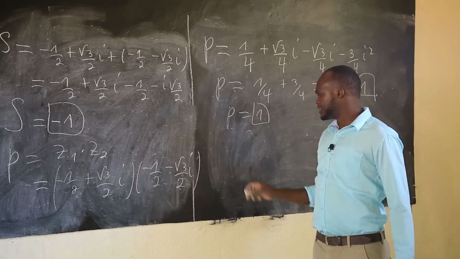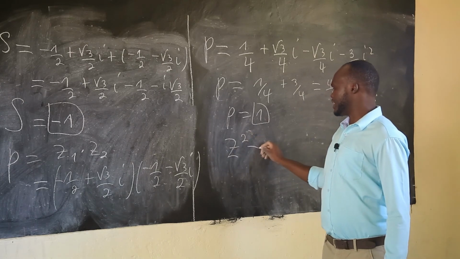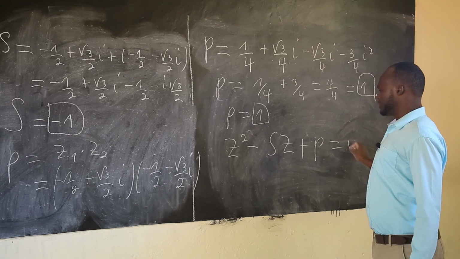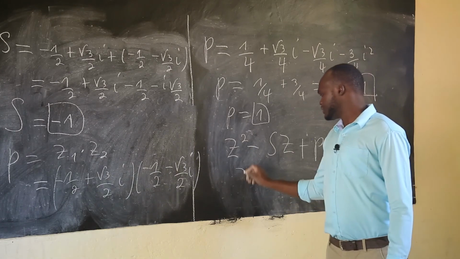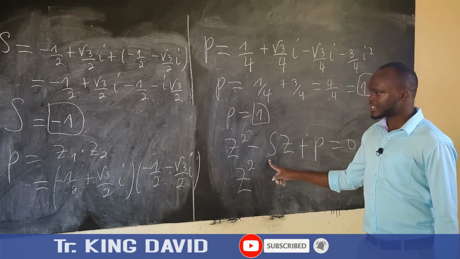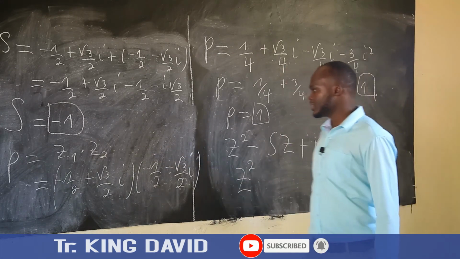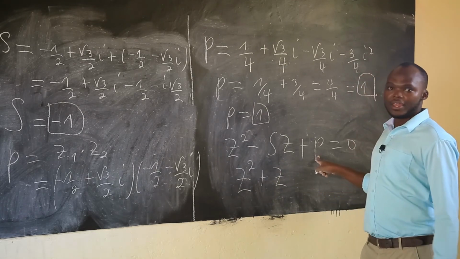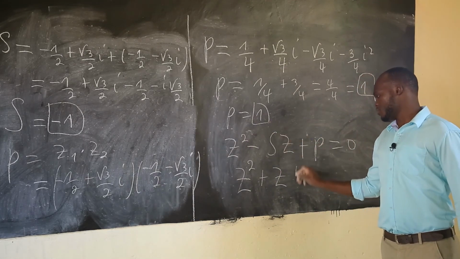So now from z squared minus sz plus p equal to 0, our quadratic equation will be z squared, because the sum is negative 1, negative, negative becomes positive, plus z, then our p, which is the product, is 1.